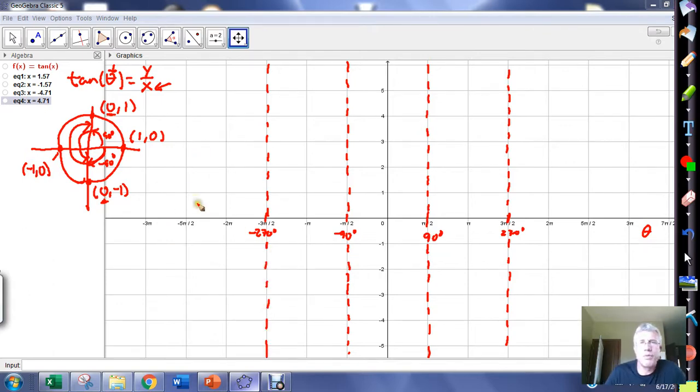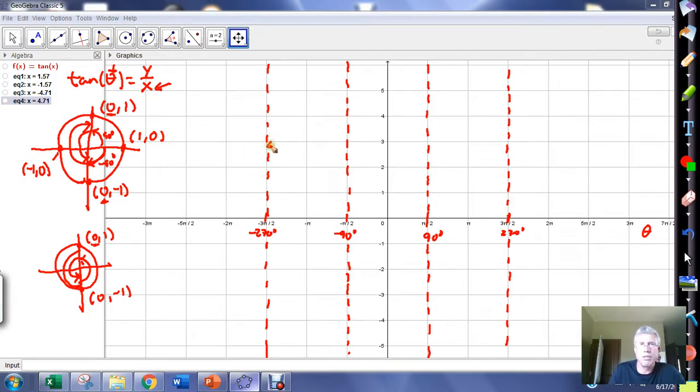So that's the first big thing to recognize, and we want to recognize that those divisions by 0, everywhere where the x-coordinate is a 0, so that we get division by 0 for the tangent function, are separated by 180 degree rotations. So if I'm at one division by 0, if I rotate 180 degrees, I get to division by 0 again.